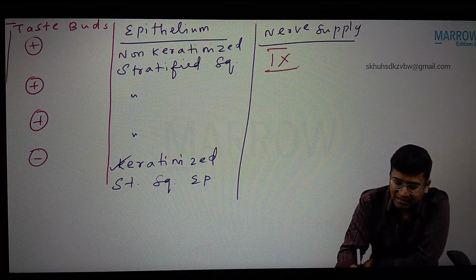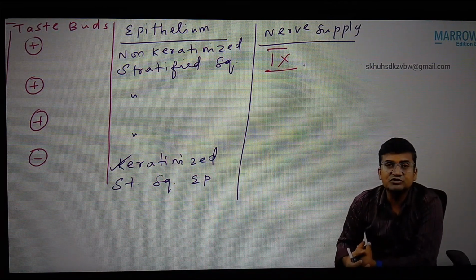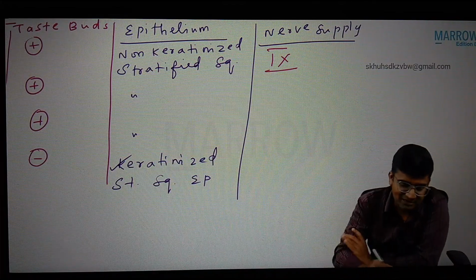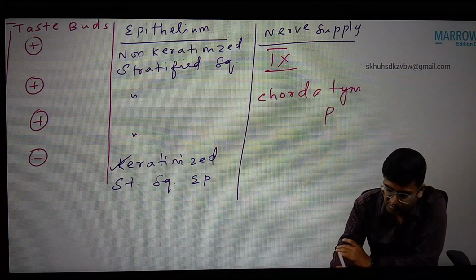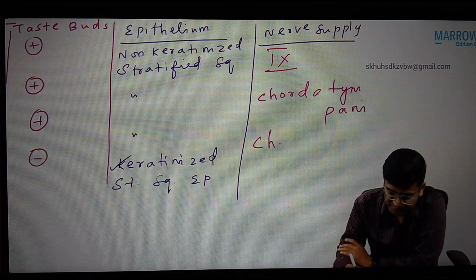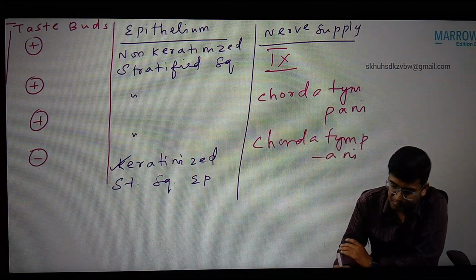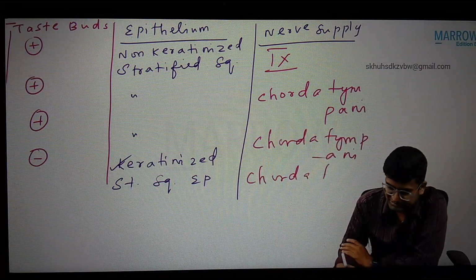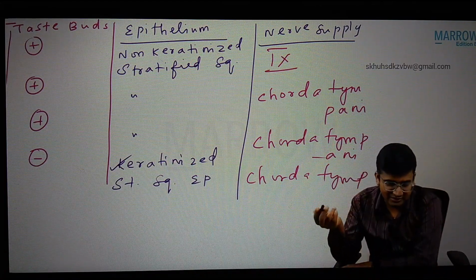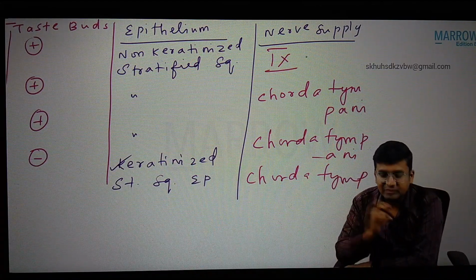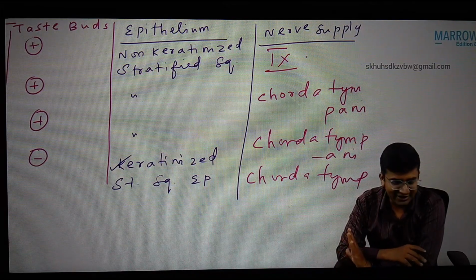So circumvallate papilla is supplied by the glossopharyngeal nerve, the ninth nerve. The remaining papillas are supplied by chorda tympani nerve.